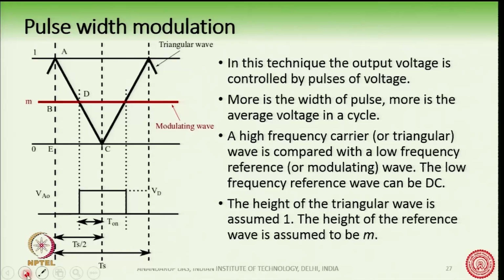So, if the pulse width is more, the average voltage across the load, or the output voltage of the converter, is more. In this technique there is one high frequency triangular wave. This is the triangular wave, part of which is shown here.